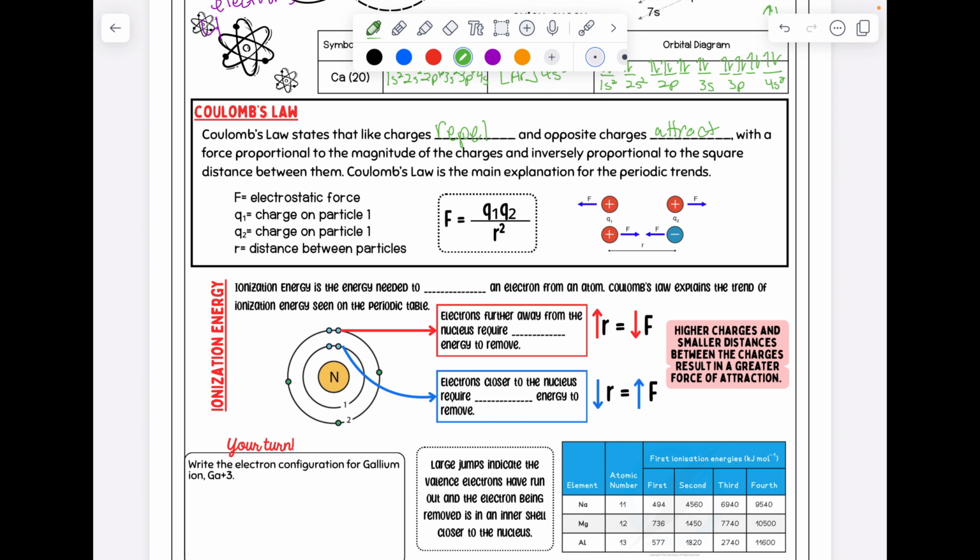And we have Coulomb's law, which explains this force of attraction. Coulomb's law says that the force is equal to the charge of one particle times the charge of a second particle divided by the radius squared.